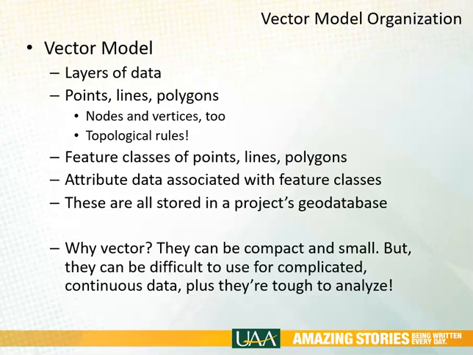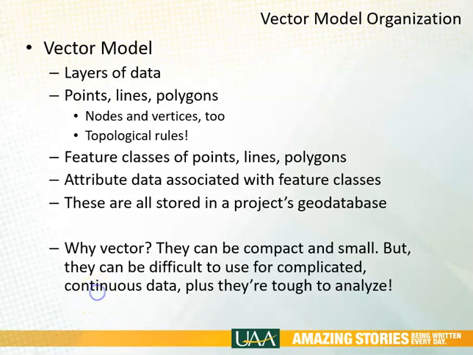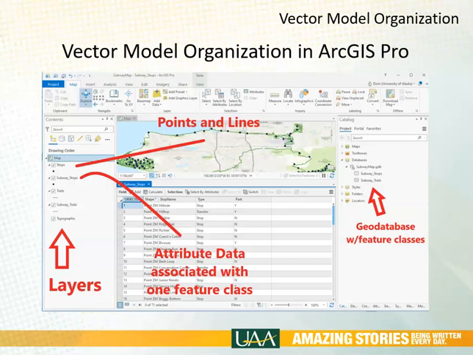But they tend to produce nicer looking maps, and they're definitely sort of the best starting point for understanding GIS data. Now let's talk just a little bit about how this model is organized in ArcGIS Pro.